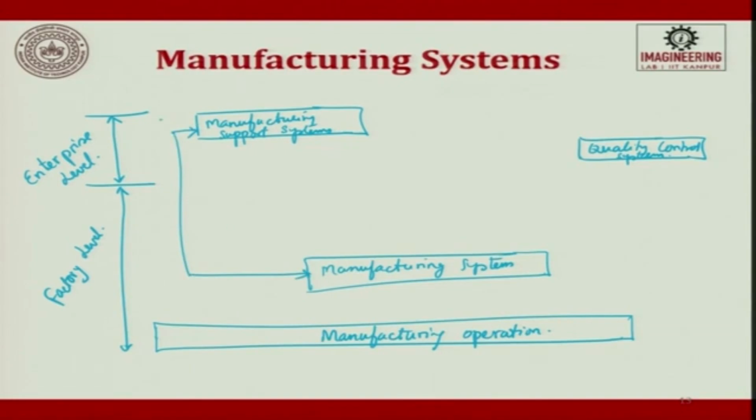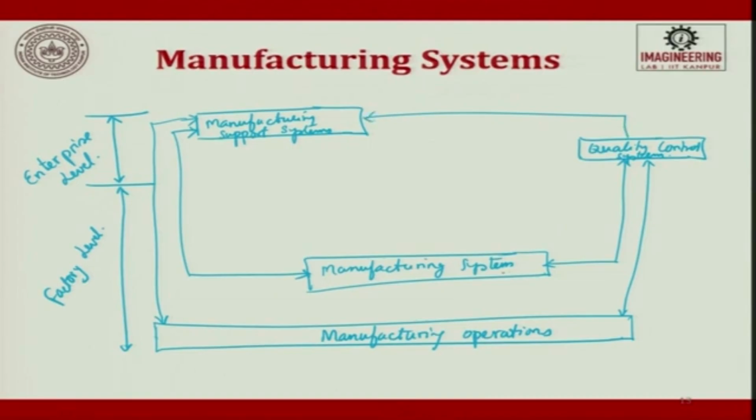So, from manufacturing system to manufacturing support system, from manufacturing system you are getting attached to manufacturing operations. Okay. Then from here, when the manufacturing system is there, you have quality. So, quality in turn is connected to manufacturing operations, and then finally, in the support system you will have this also attached.